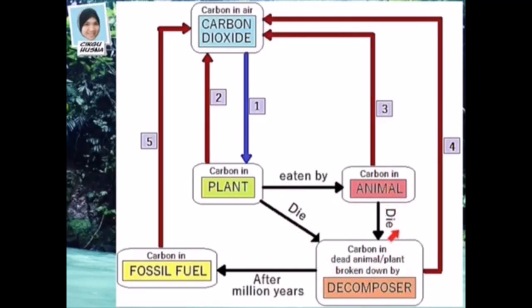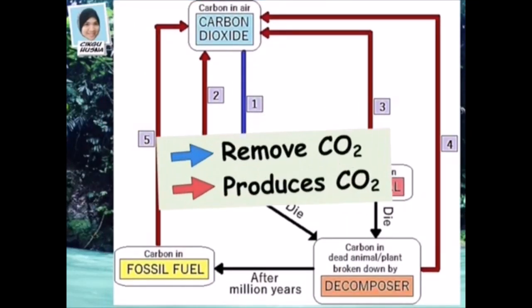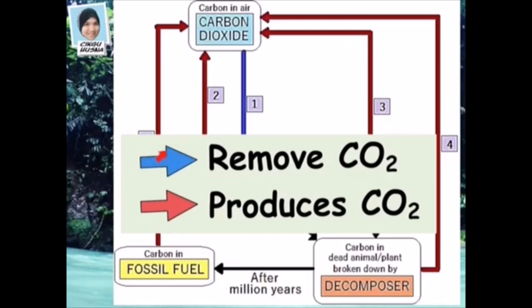Animal dies and is broken down by decomposer. So all the dead material, dead organism, after millions of years, they will become fossil fuel. Now, for the blue arrow and for the red arrow, okay, the blue arrow here is the process that removes carbon dioxide, and the red arrows, you can see here, there are many red arrows, are the processes that produce carbon dioxide.